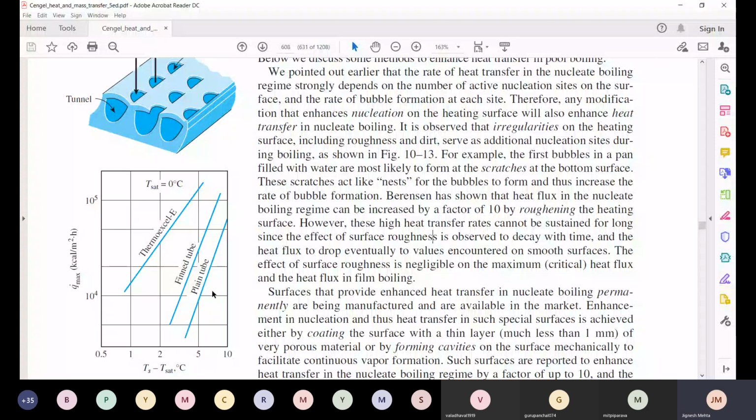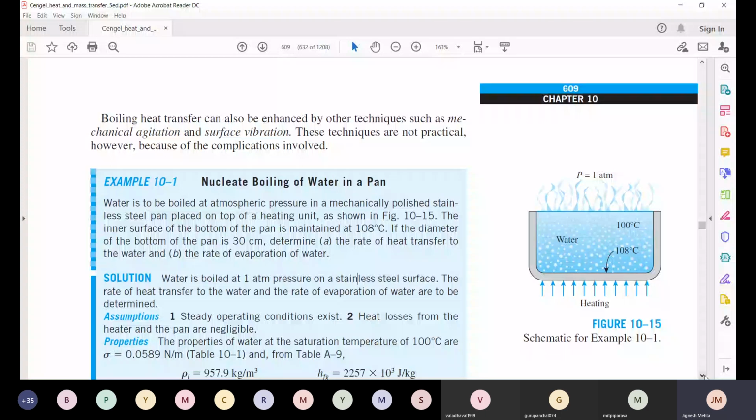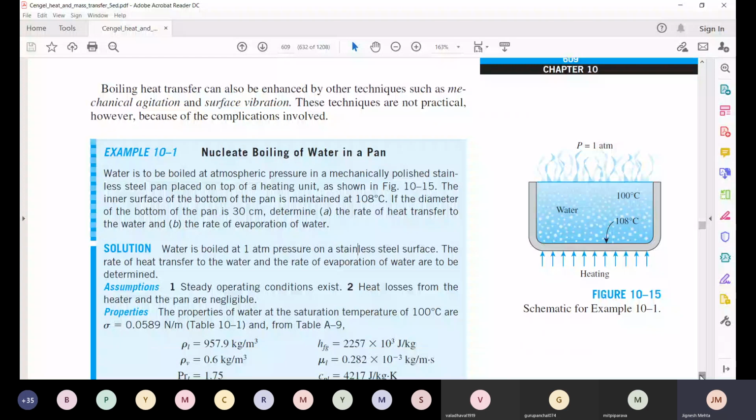But then over a period of time, it should continue giving higher performance. So one example on nucleate boiling is given here. You may go through and understand that example. And from an example point of view, this might be enough for your undergraduate course.